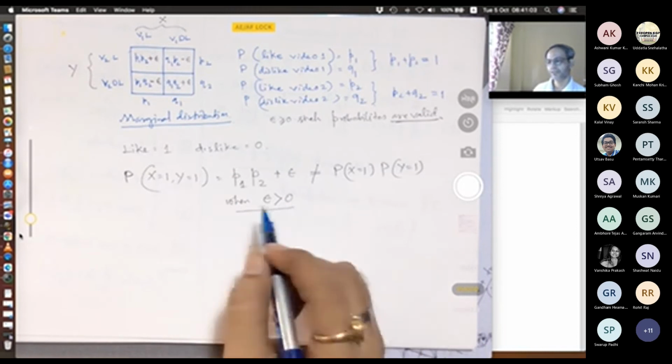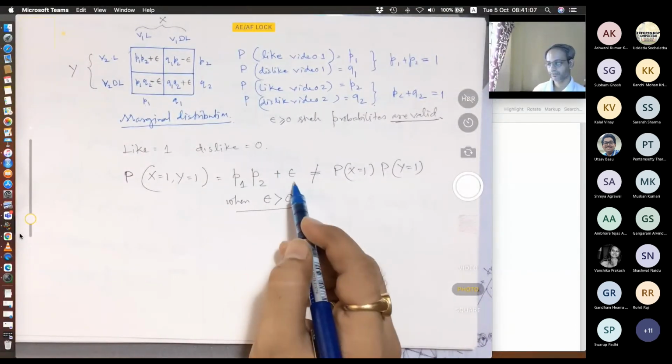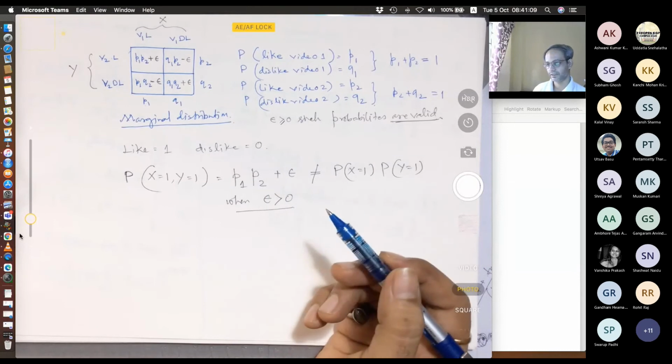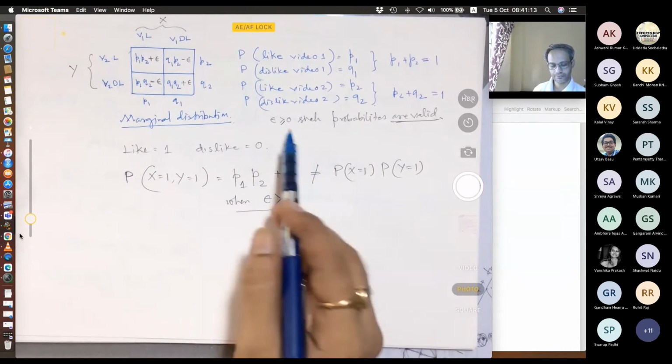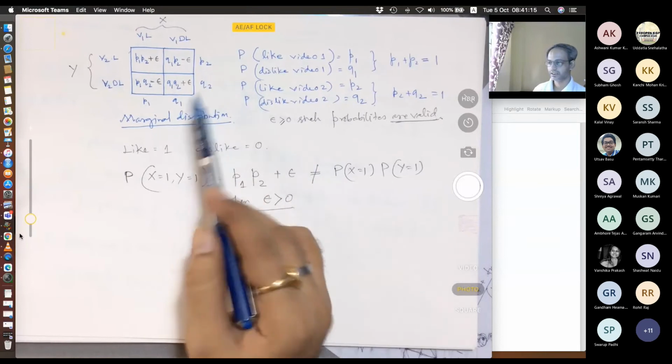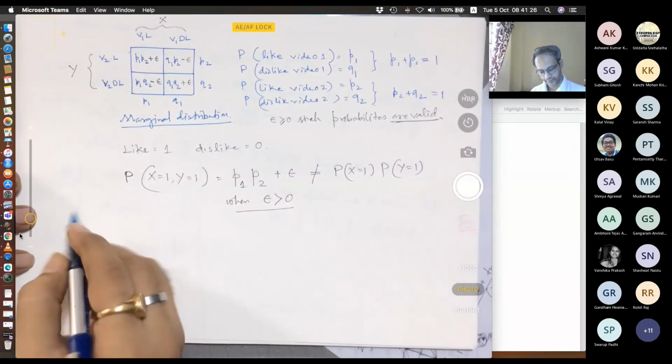If I choose 0.005 within the valid range, then also there will be a certain dependency. Whatever number you choose within the possible range, your marginals are still unchanged, but your dependency is going to change.